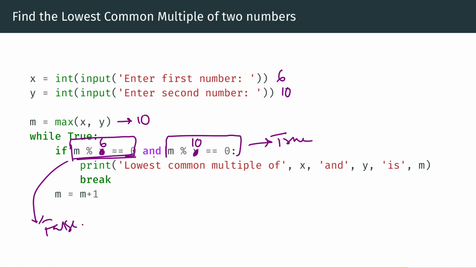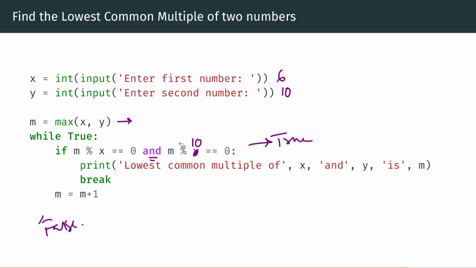Because we have this and, we want both these conditions to be true. Only if both are true can we say that this is in fact the lowest common multiple of X and Y. But that is not the case here, because 10 is not divisible by 6. 10 when divided by 6 would give you a remainder of 4. So that's how we start.